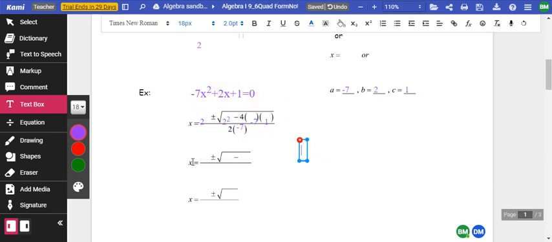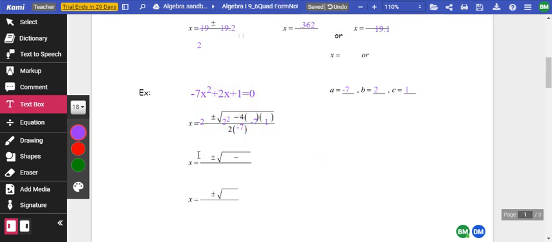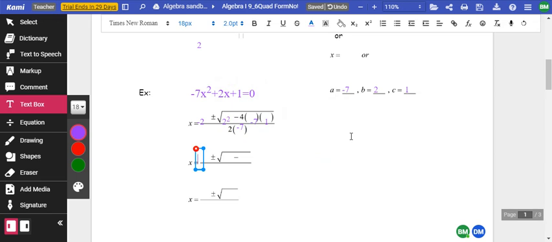Okay, so we continue with our negative 2 out front. 2 squared is 4. 4 times 7 times 1 gives me 28, and again, this becomes plus. All over 2 times negative 7, which is negative 14.